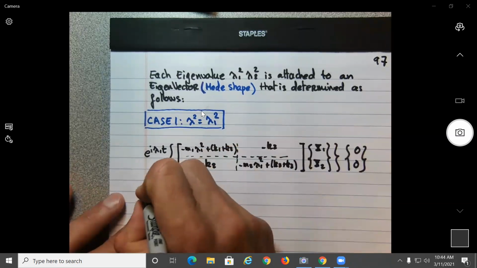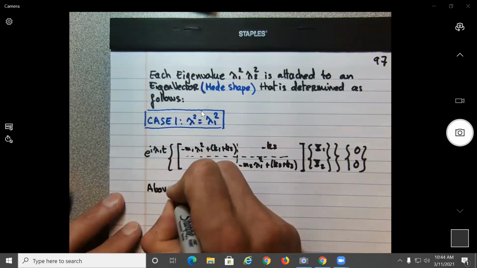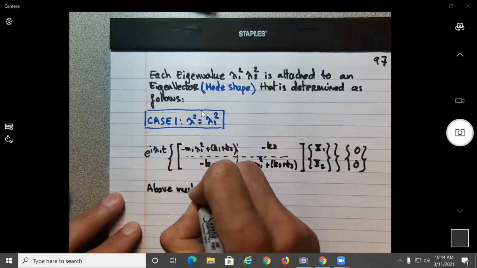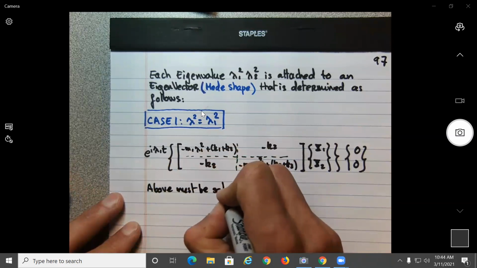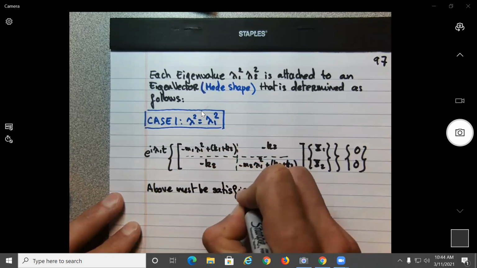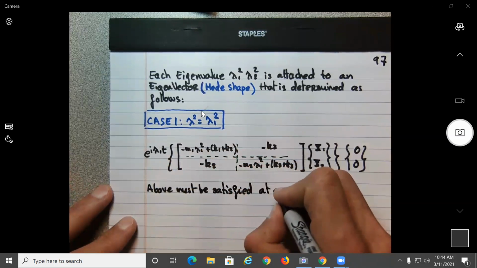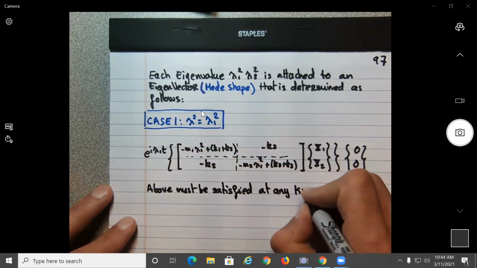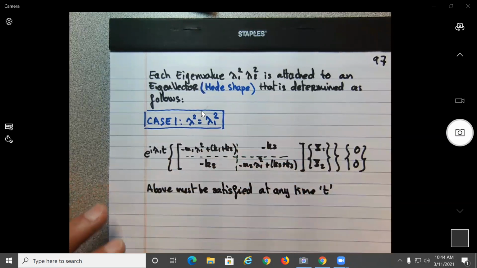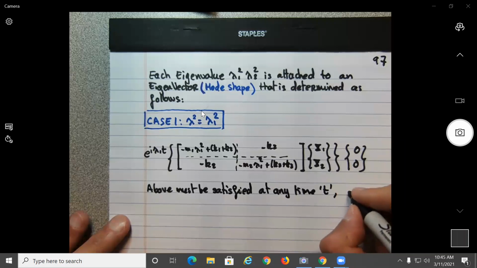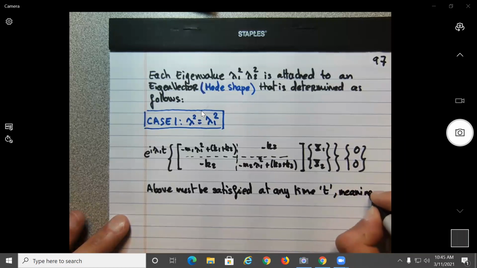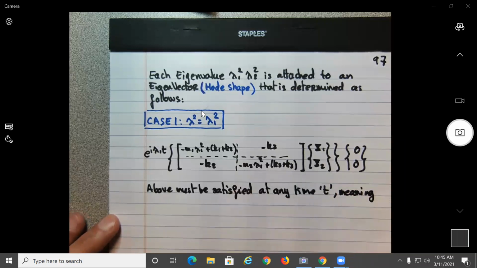The above equation must be satisfied at any t, so at any time t, meaning that the term in brackets needs to be equal to 0.